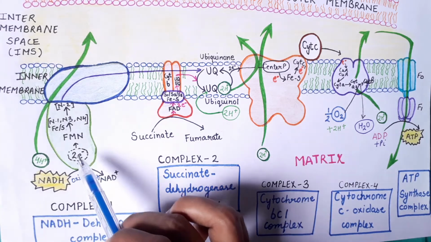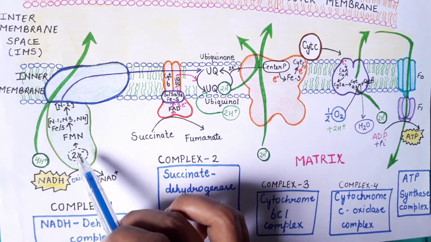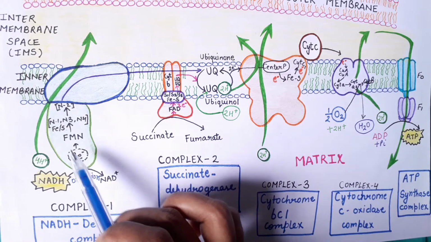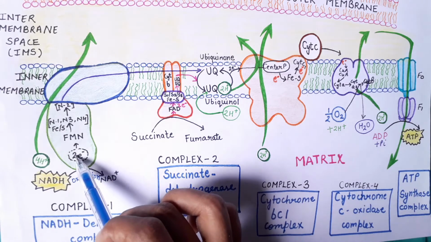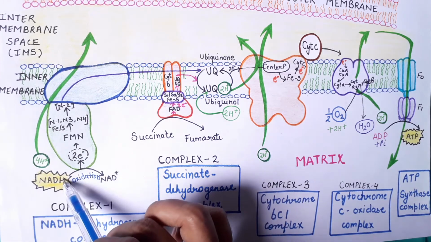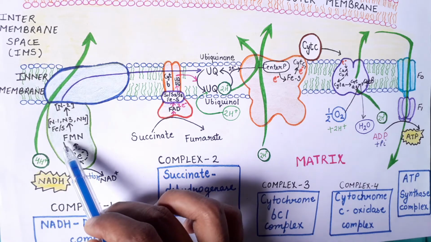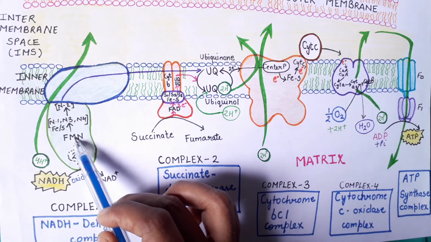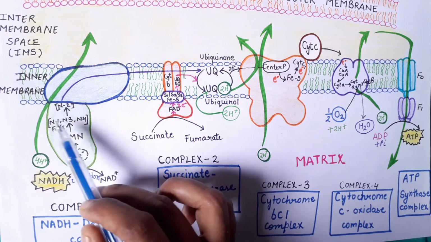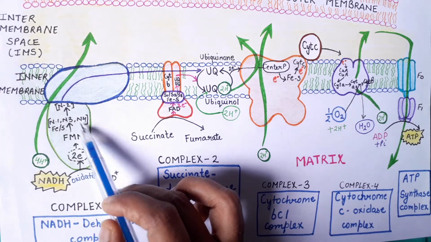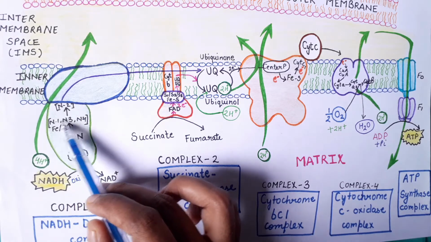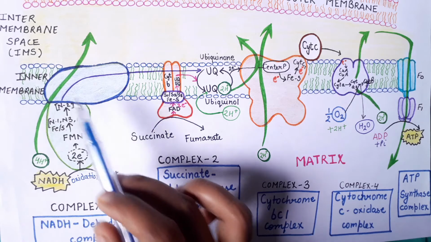These electrons are accepted by electron carriers in complex 1. So in complex 1, the 2 electrons from the oxidation of NADH are accepted by flavin mononucleotide. Then these electrons are transferred from FMN to iron sulfur centers. There are 4 iron sulfur centers which are named N1, N3, N4 and N2.